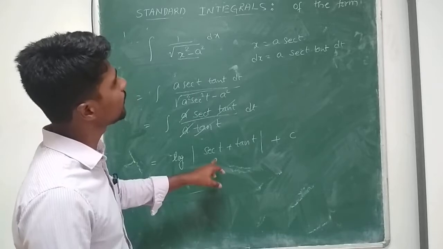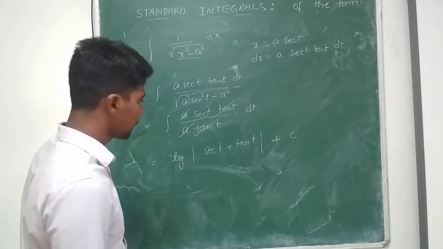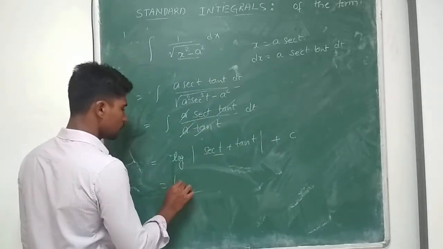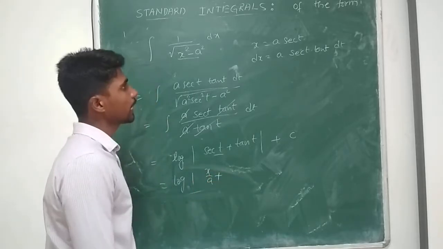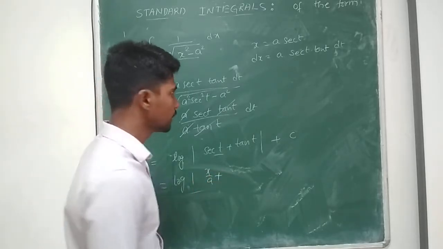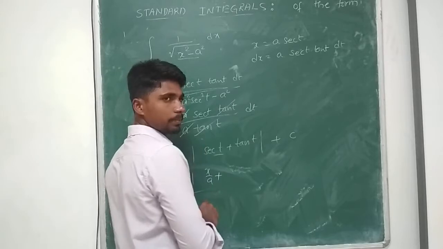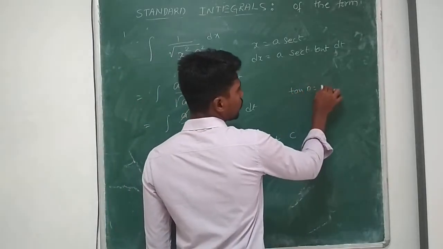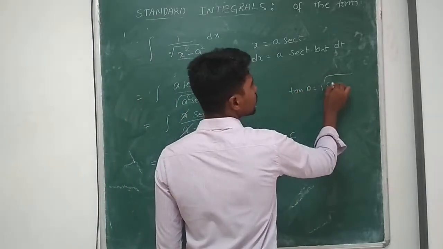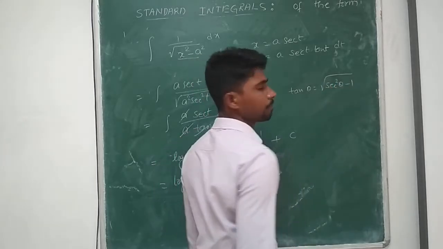Now what is secant t? Secant t is x by a, so I get log modulus of x by a plus tan t. What is tan t? Secant t is x by a, and tan theta is equal to root over secant square theta minus 1.